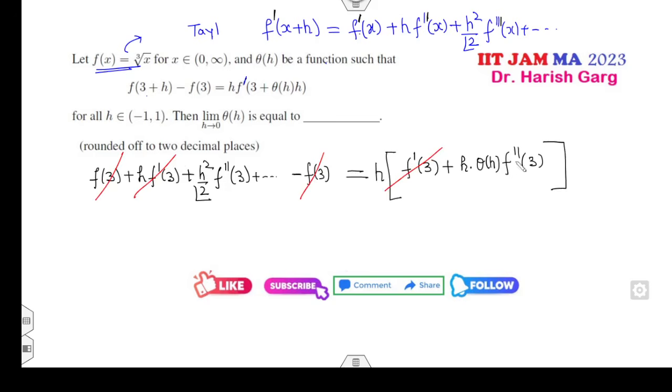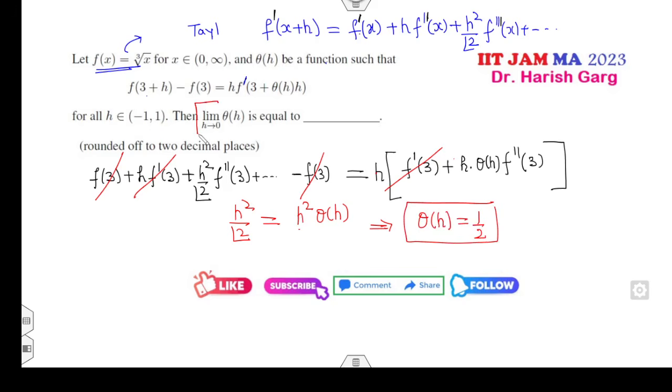Equate the coefficient of the f double dash 3 on both sides. H square by 2 factorial. H into h is h square over 2 factorial. Fine. So you can see, no, sorry, there is no 2 factorial. So can you find the value of the theta of h? It is my half.